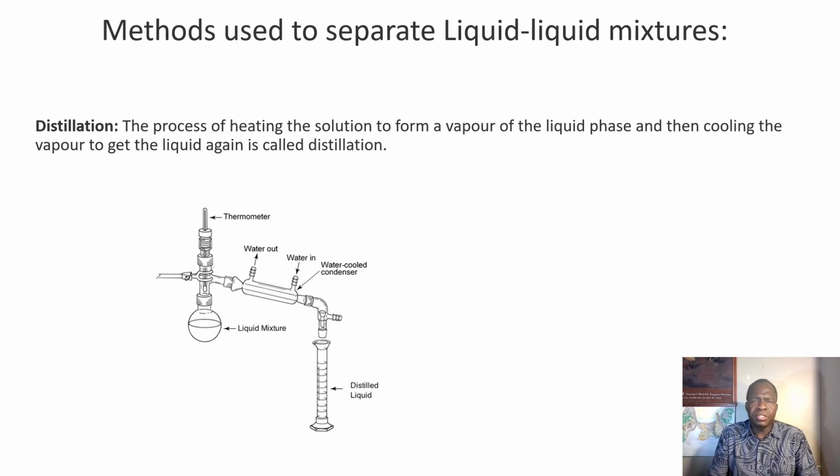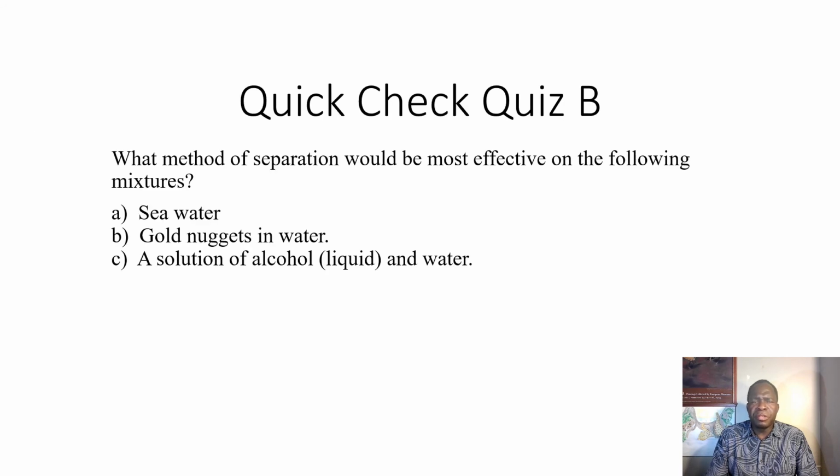The process of heating the solution to form a vapor of the liquid phase and then cooling the vapor to get the liquid again is called distillation. That is the only method I'm going to talk to you about in this lecture that can be used to separate a liquid mixture.